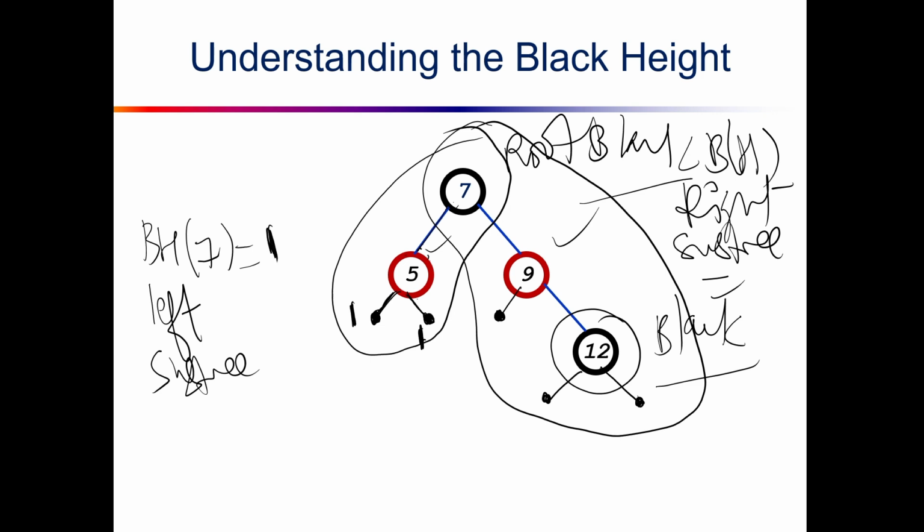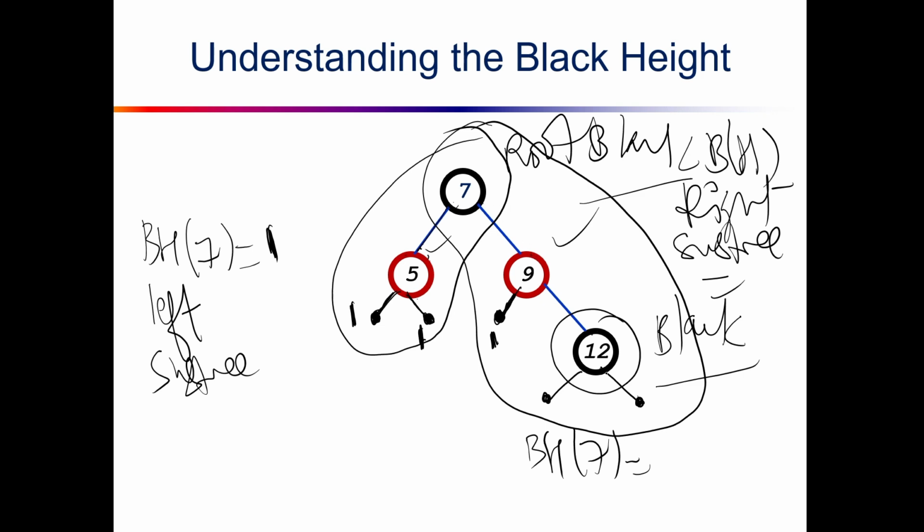Okay. Now if I compute the black height of node 7 towards the right subtree, not counting 7 itself. If I go down from 7 to 9 and the left leaf node of 9, over here I have one black node. That is all good. If I go further down, I will say 7, 9 and 12.